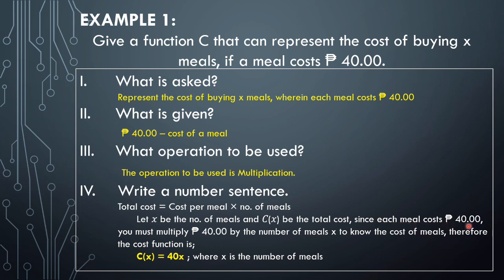Since each meal costs 40 pesos, of course, you must multiply 40 pesos by the number of meals, x, to know the cost of meals. Therefore, the cost function is c(x) = 40x, where x is the number of meals. Okay?